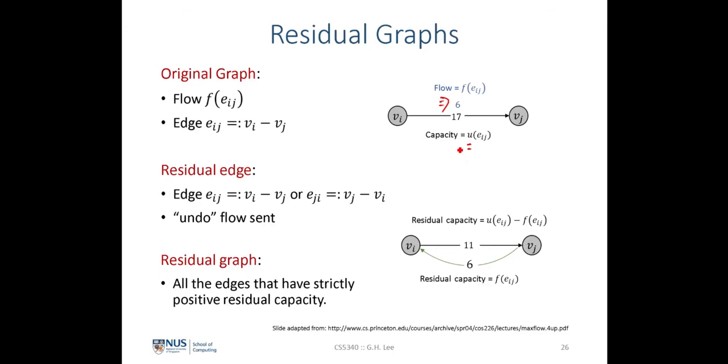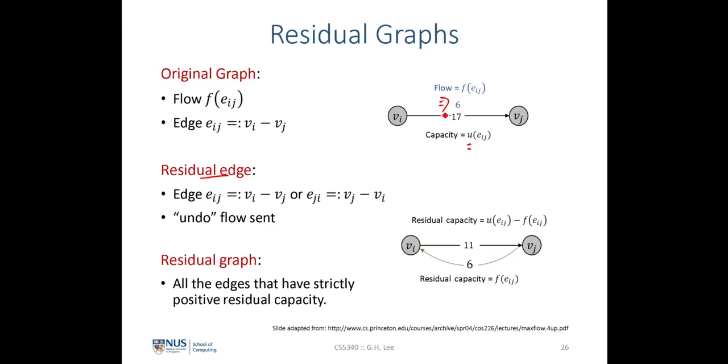We'll now further define what is called the residual edge, which is simply defined as the undoing of the flow that is sent from one node to another.